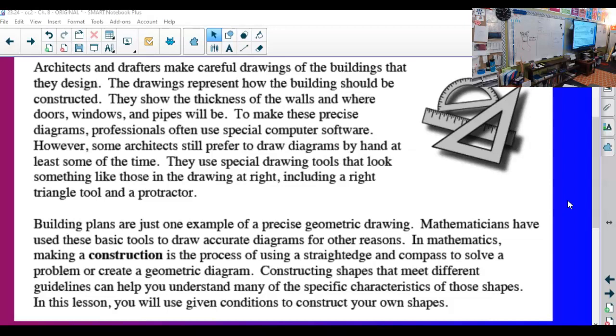As we talk about architects and drafters, if you are really interested in this, because I wish somebody had exposed me to more things when I was younger, one of our previous parents, Phoenix alumni, is an architect with their own firm. If you were to look at their plans for a building, it starts with the site map, and then it goes through and talks about all the different floors. And guys, there is so much math involved before you ever get to breaking ground.